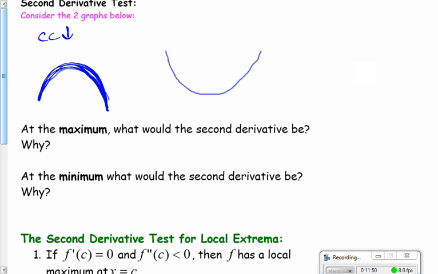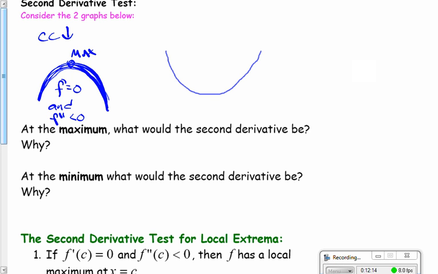It's got to be a max, right? With me on that? How do I know? That point right there, f prime equals 0, and f double prime is less than 0. Those two qualifications together, neither one of them by themselves, determine that I've got a local maximum point. That's the second derivative test.